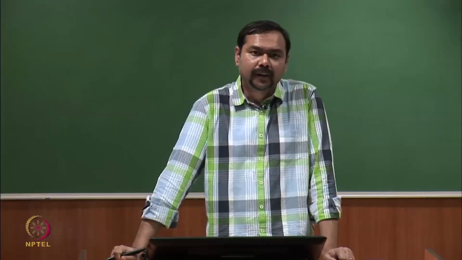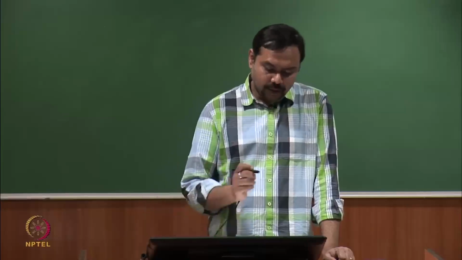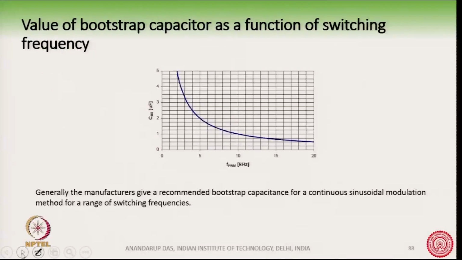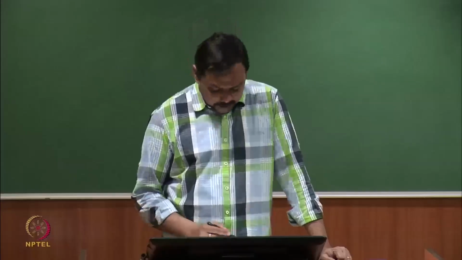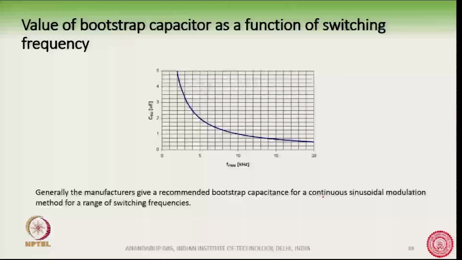So, you can take 1 microfarad capacitance, and the bootstrap capacitor value can be selected a little bit more than this, maybe 2 to 3 microfarad, okay, and this works quite fine. In fact, some of the manufacturers give a recommended bootstrap capacitance in their data sheet. Even they will give a recommended bootstrap capacitance depending on the PWM frequency.